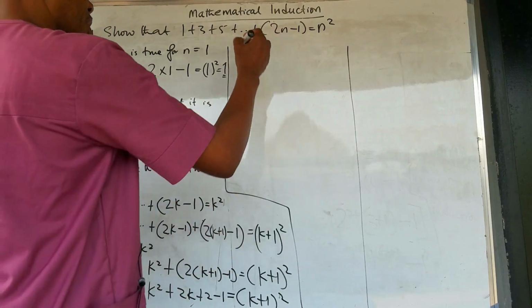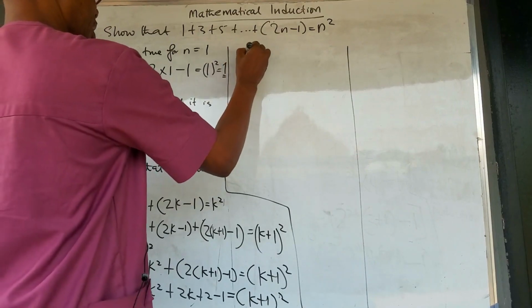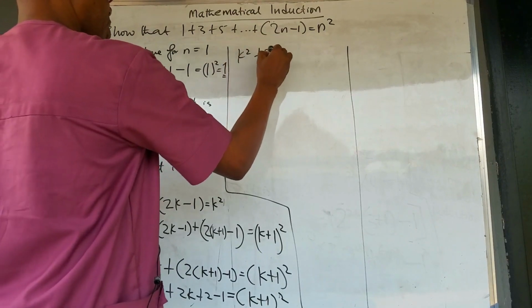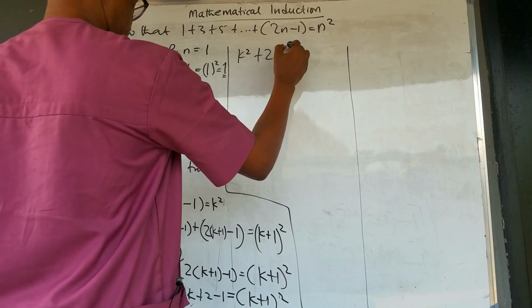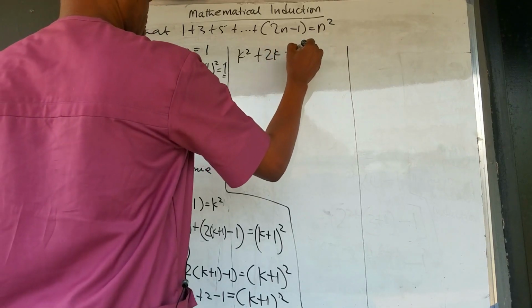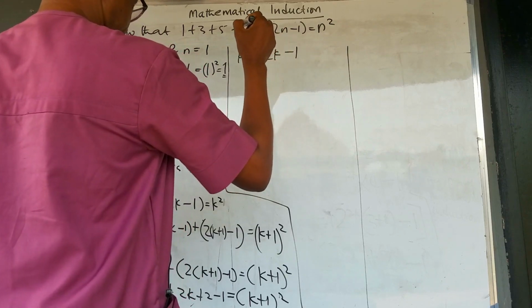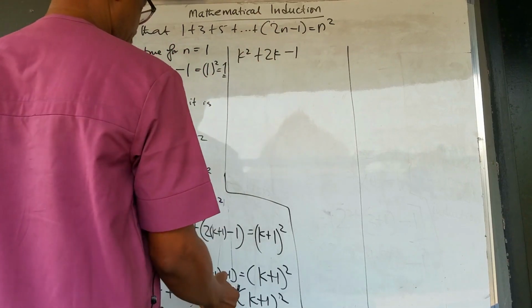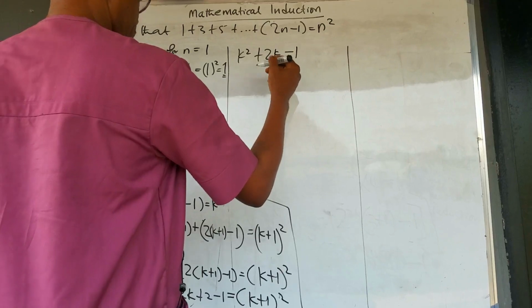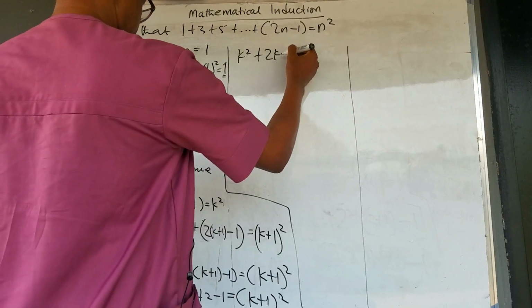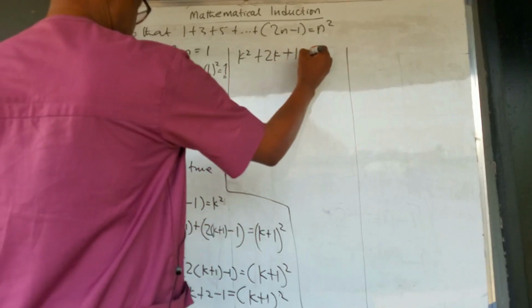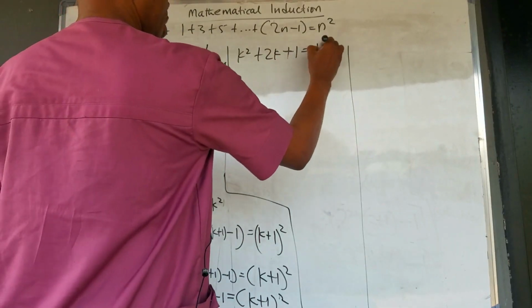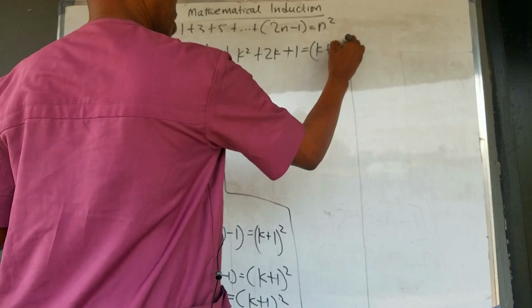Now bringing this statement up here is going to give us k squared plus 2k, because 2 minus 1 will give us 1, plus 1, is equal to (k plus 1) all squared.